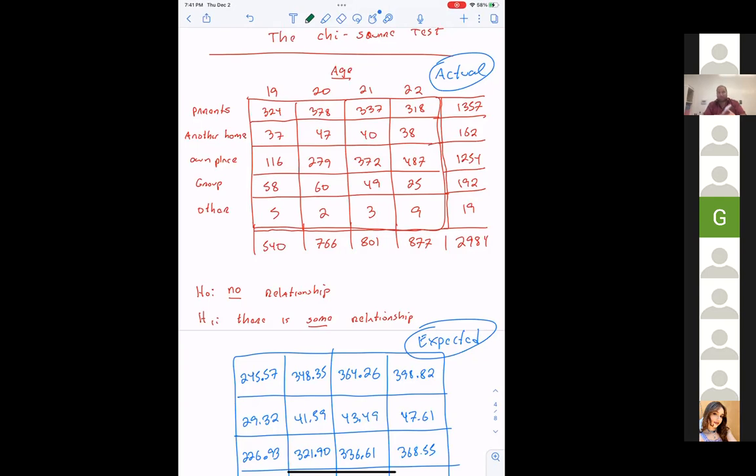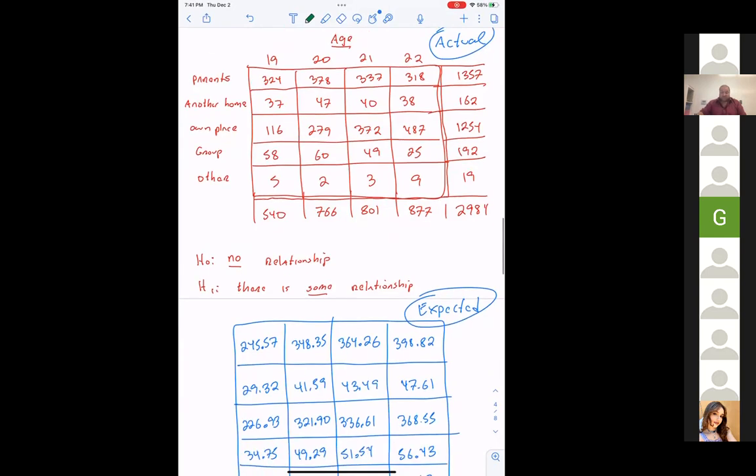But when you're done, your matrix should look like this. While you're doing that, I'm going to tell you how to do the second matrix.